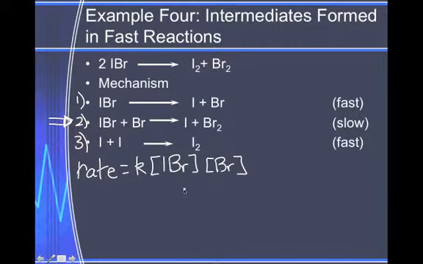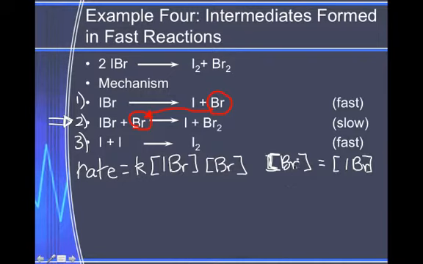But we've got a problem here, right? Do you see the intermediate? It's right here. Br is formed in step 1 and then used up in step 2, so we are not allowed to keep that in our rate law. But what we know is that the concentration of bromine atoms comes entirely from the concentration of IBr molecules, right?